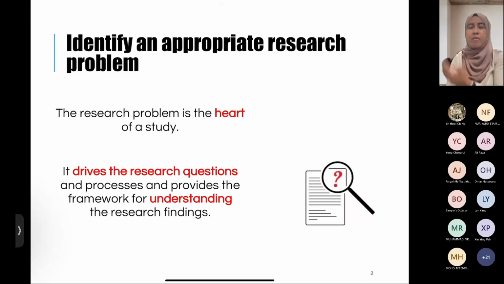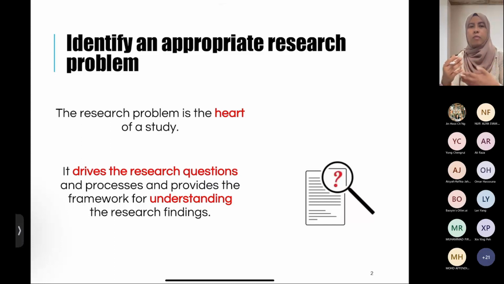So the examiner, or whoever reads your thesis, will feel, why do you need to do the job, why do you need to do the research? Okay, so we need to highlight the problem that we want to solve, although it is small, this is the problem.